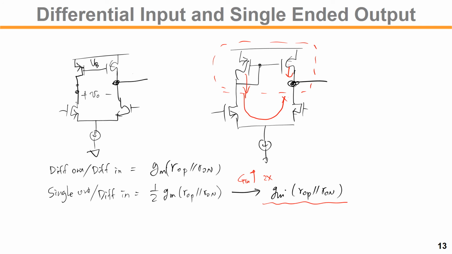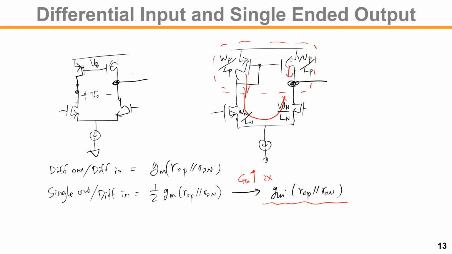Okay. Definitely, here the assumption is the Wp over Lp is the same, same size, and Wn over Ln the same. So this is the balanced circuit we are assuming here.